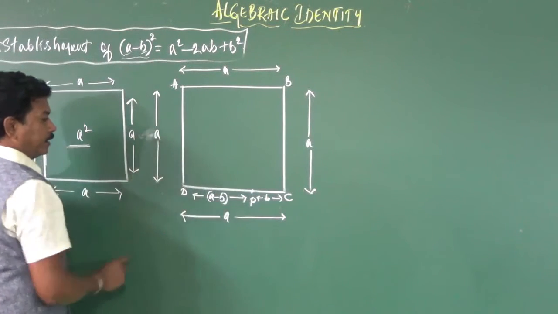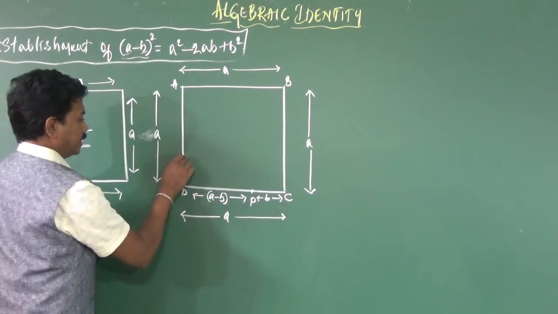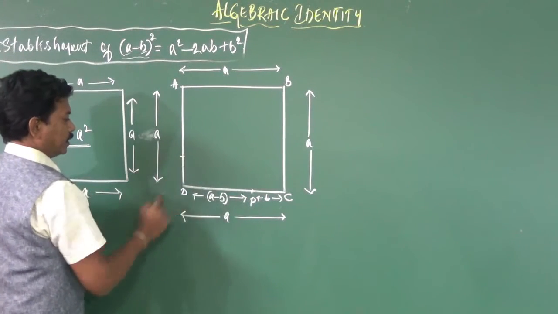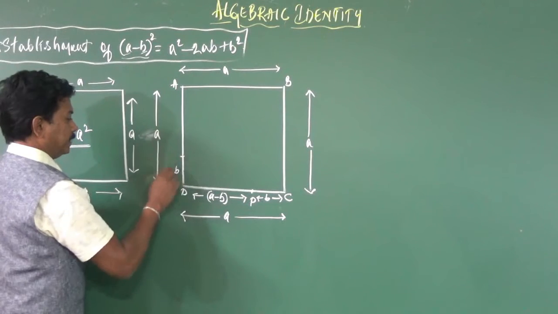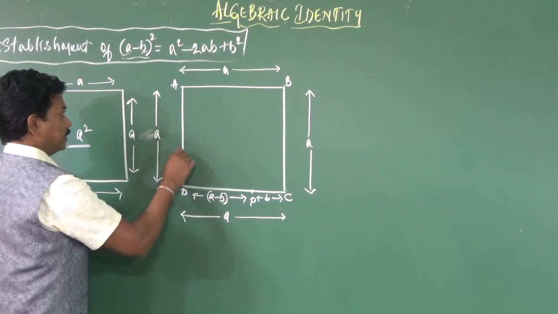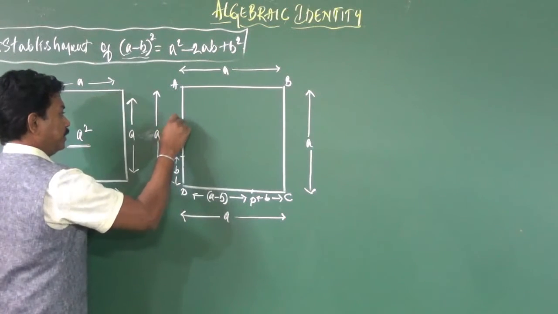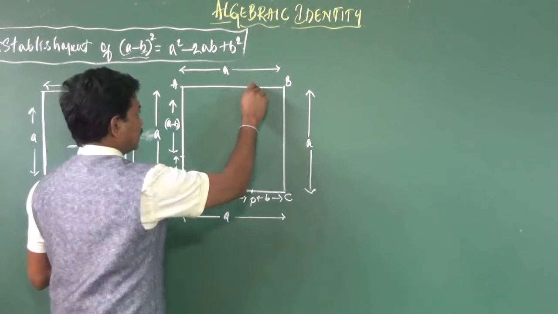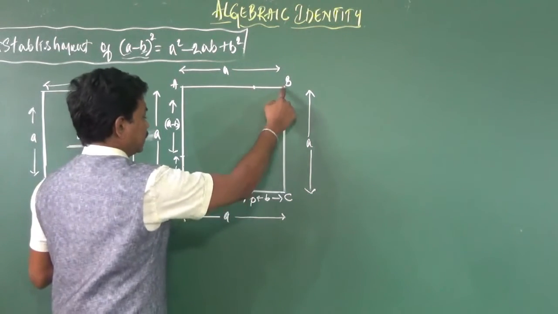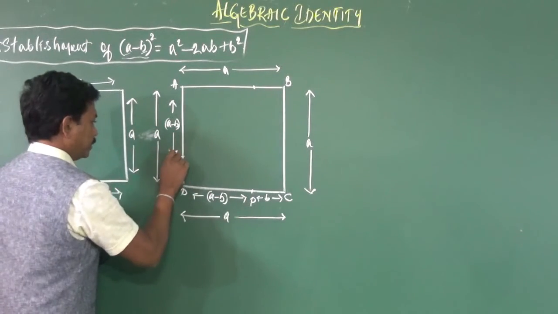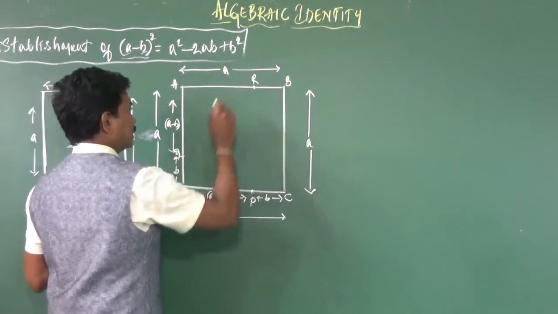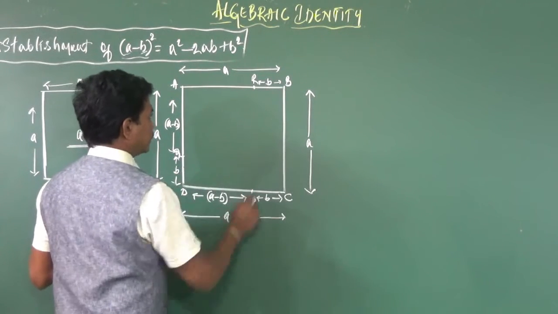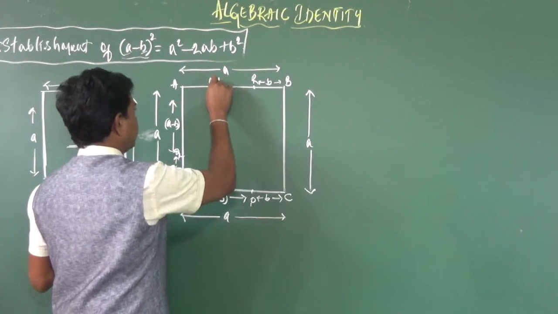Very nice. Okay. So let us mark another point at the same distance, equal to PC, on AD. Let us take it as b. So if this is b units, then this will be a minus b units. Let us take another point here, let us call it point R, on AB. Let this be b units here, so naturally this will be a minus b units.